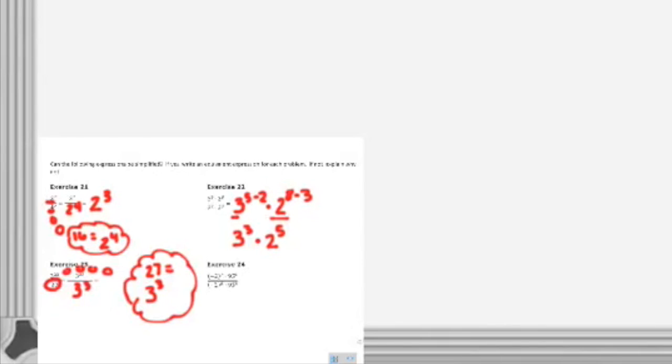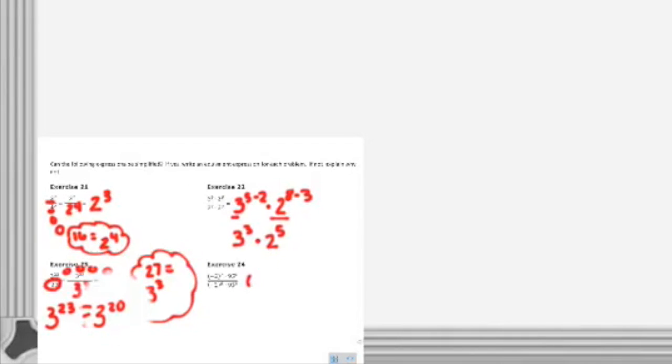And then, of course, that gives us 3 to the 23rd divided by 3 to the 3rd is 3 to the 23rd minus 3, which then would be 3 to the 20th. Let's see if I can write that a little bit better. 3 to the 20th.